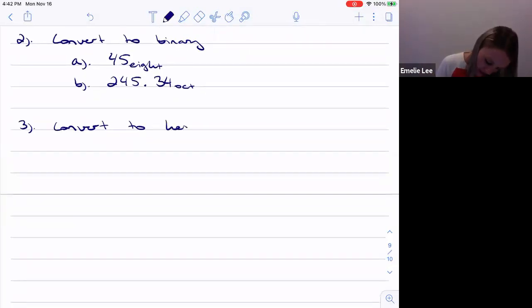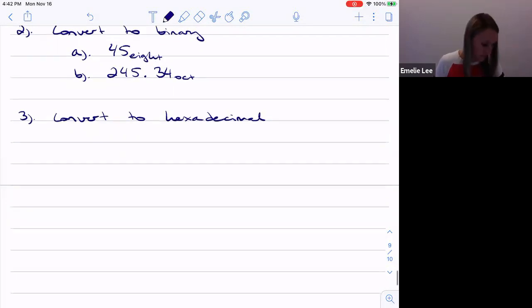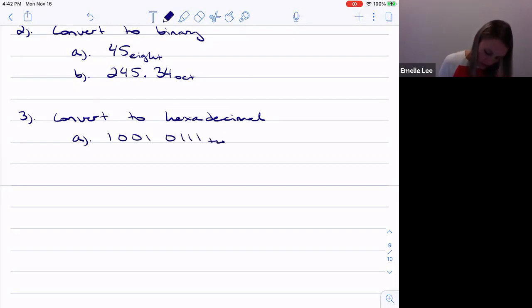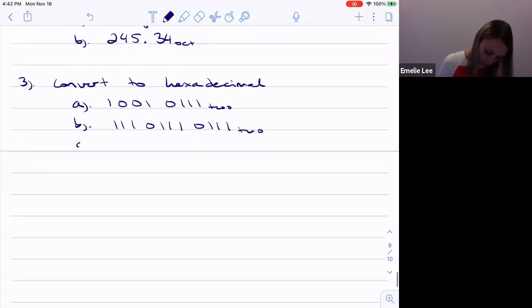Convert to hexadecimal: 100101111 base 2, 111011110111 base 2, and C is 1011.01101 base 2.